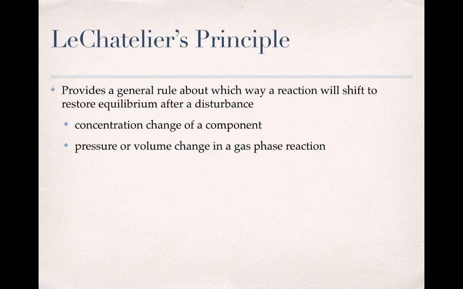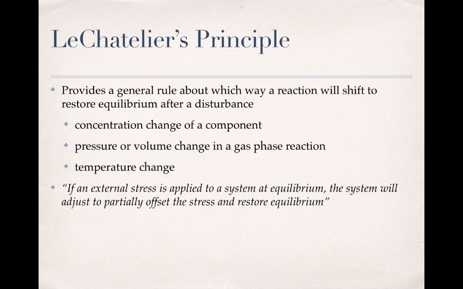If we have a reaction that takes place in the gas phase, either a pressure or volume change can certainly impact where the equilibrium lies for that particular reaction. Or we can certainly change the temperature of a reaction, and when we change the temperature, it affects a lot of different things, and one of the things it might affect is the position of equilibrium for a reaction as well.